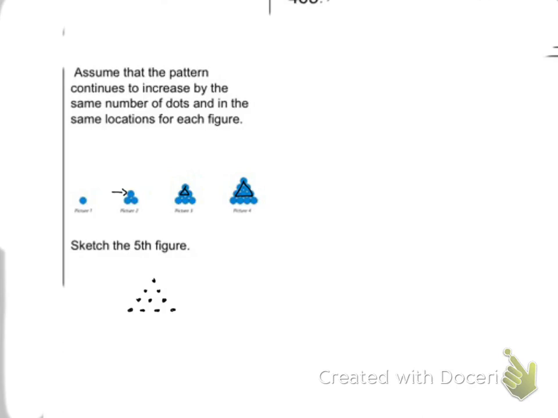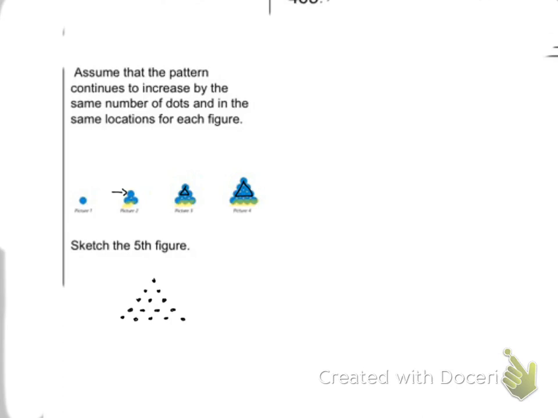This is figure 4. In order to make it figure 5, I've noticed that each time they add a new row on the bottom that has 1 more. So figure 5 is going to have 1, 2, 3, 4, 5 dots on the bottom.